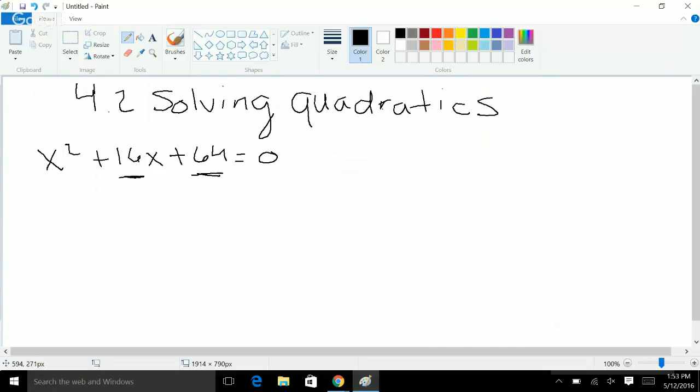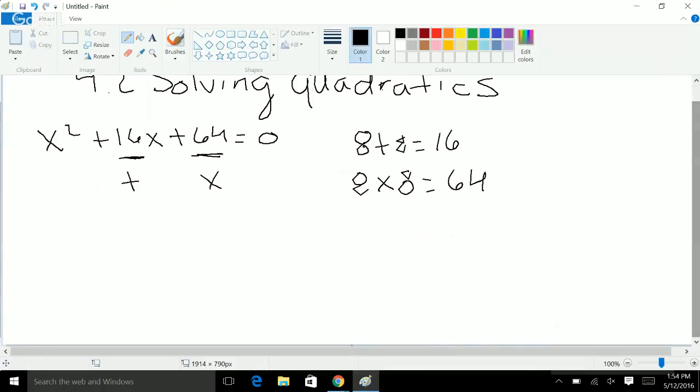So we need to find two numbers that add up to 16 and multiply to 64. So the example that I got was 8 plus 8. 8 plus 8 equals 16, and 8 times 8 is 64.